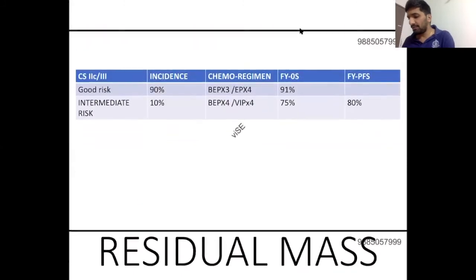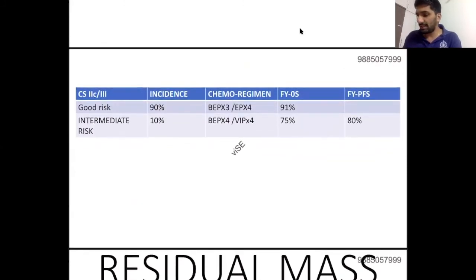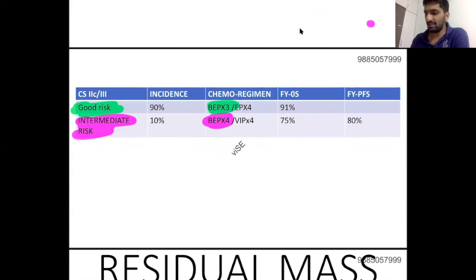If the patient falls into the good risk category, the green color which you're seeing right now, offer him 3 cycles of BEP. Very simple. If the patient falls into intermediate risk, offer 4 cycles of BEP, the same as the management of NSGCT.